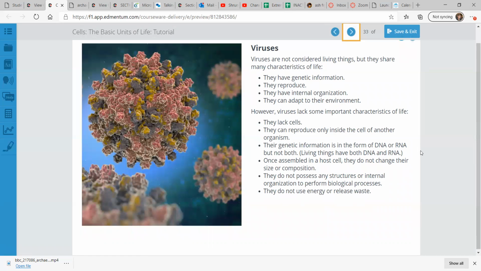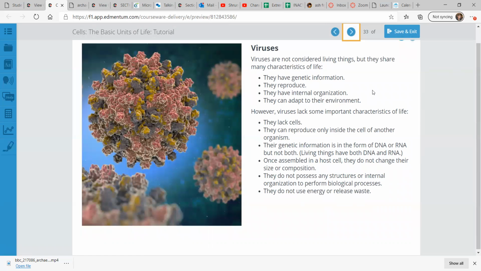But what makes them not considered to be alive, they do not themselves have cells. They can reproduce only inside the cell of another organism. They need to be inside something else to reproduce, so they cannot do that on their own.